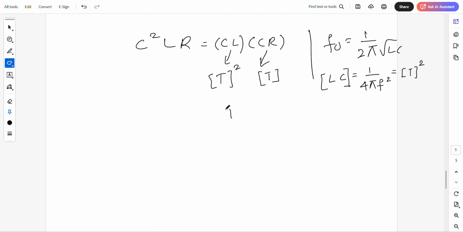So T into T square is how much? T cube. Hope you understood this in just one step. This is called time constant in CR circuit. And root of LC, if you square this one, this is also a time constant. You can write as T the whole square. Hope you understood this one.